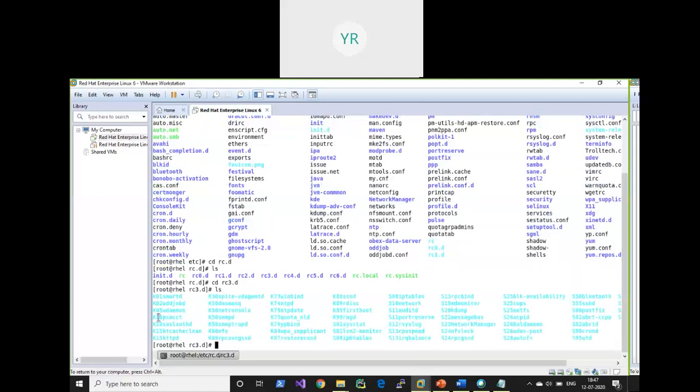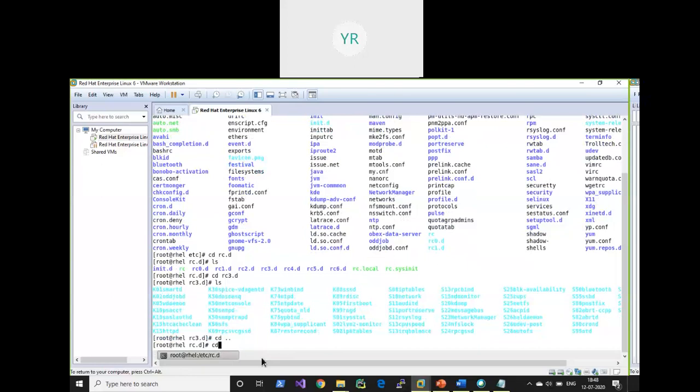If you see here, each and every program, K01smartd, K30, and so on, these are the programs telling which processes you need to stop and which you need to start in run level 3. K means kill, S means start. The kernel will identify based on that lettering. So if you change to that run level, the kernel will execute all these programs.